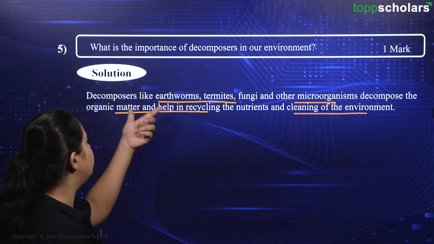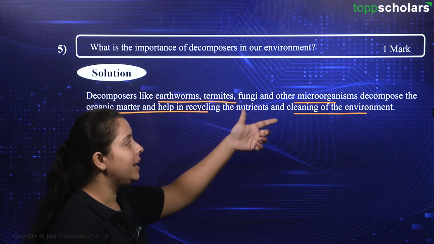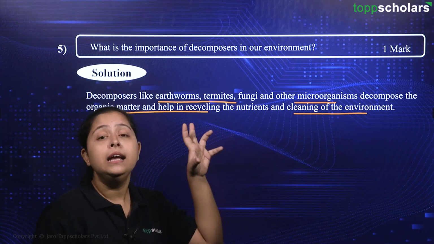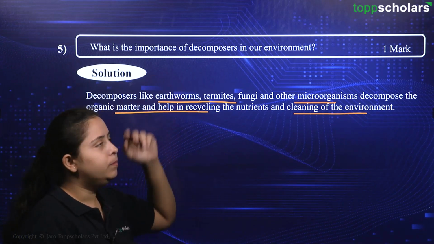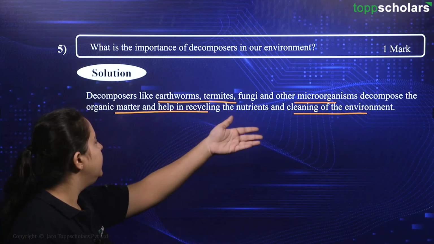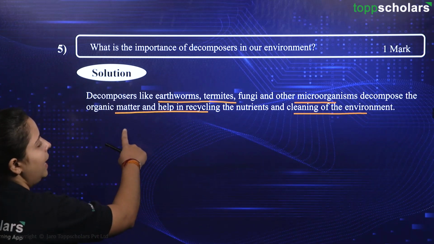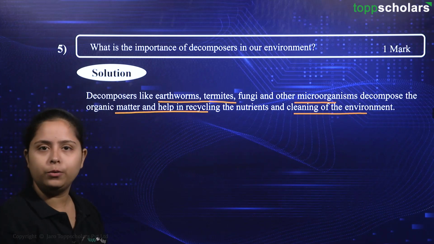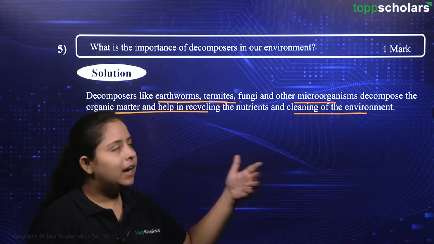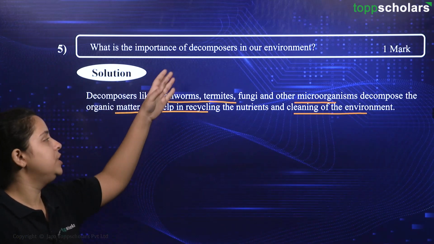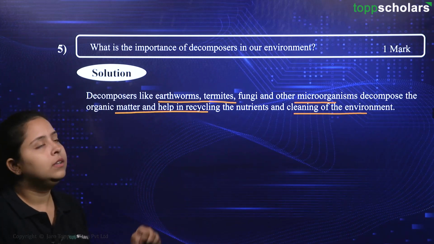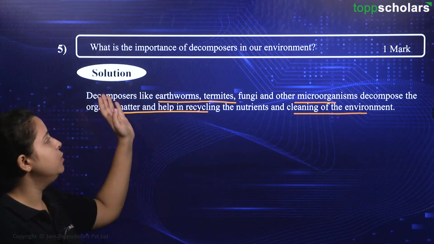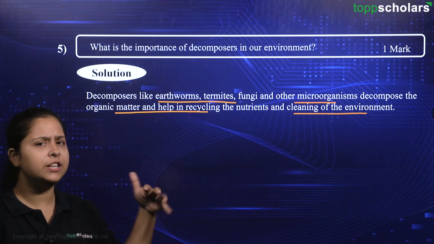Then you should be able to write these: earthworm, termite, fungi and some other microorganisms are constituting the group of decomposers. What do they do? They decompose the organic matter and they will help in recycling the nutrients and cleaning of the environment. So I hope as per our discussion and with this sentence, this question is very much clear to you. The question may ask you, decomposers are important for our environment, justify.